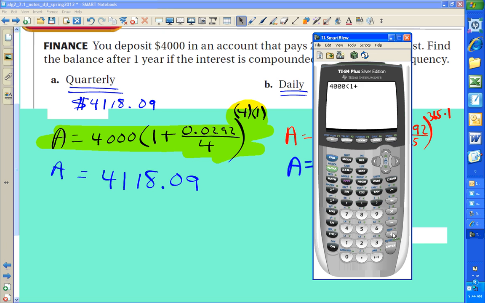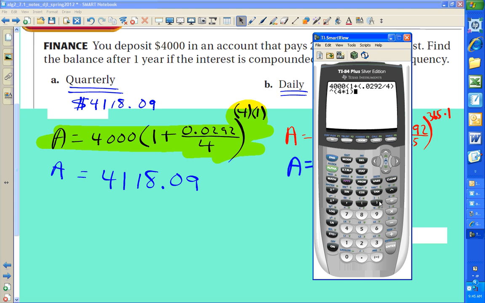Now we've got to do a quotient here, so we need another set of parentheses. 0.0292 divided by 4, raised, and then again, you would normally have to put parentheses here to make sure you're raising to the product power. You wouldn't have to do that here because it's just a 4, but I'm going to enter 4 times 1 just for fun. That's the way it should look when you enter it on your calculator.